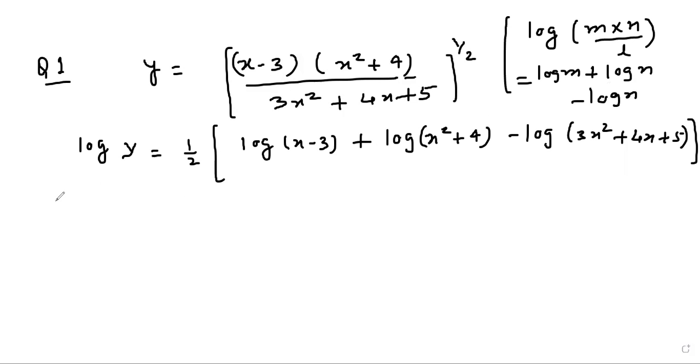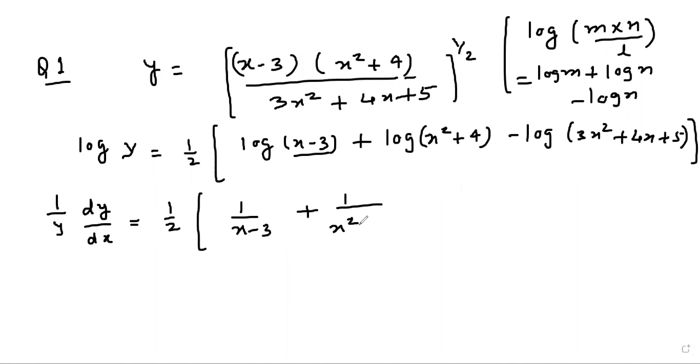Now we differentiate each term. 1 upon y dy by dx equals 1 by 2 times the following. By the rule of d upon dx log block, that is 1 upon (x minus 3) into the derivative of (x minus 3), that is 1, plus 1 upon (x squared plus 4), and then the derivative of this will give 2x, minus 1 upon (3x squared plus 4x plus 5) into d upon dx of (3x squared plus 4x plus 5).